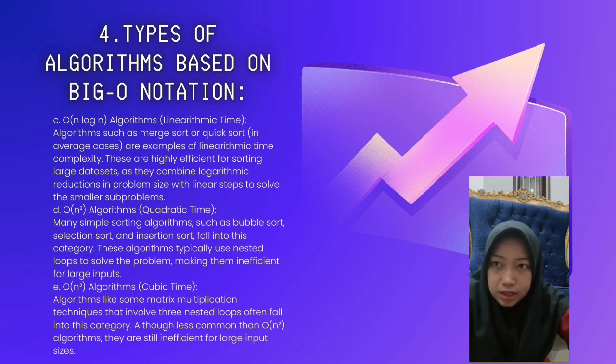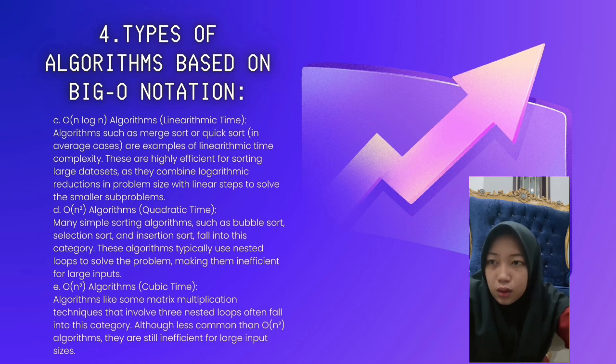Algorithms such as merge sort or quick sort in the average case are examples of linearithmic time complexity. These are highly efficient for sorting large datasets as they combine logarithmic reduction in problem size with linear steps to solve the smaller subproblems.